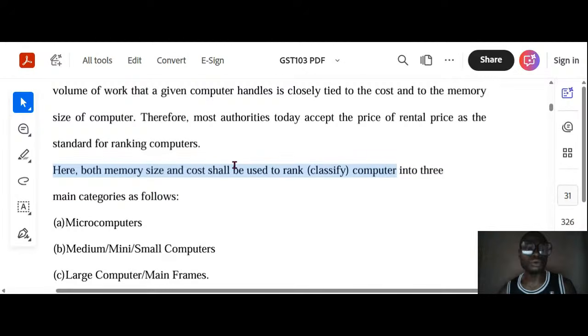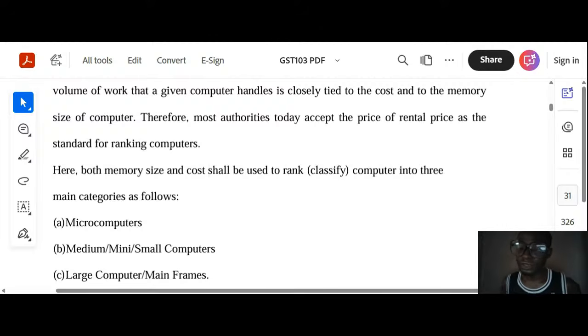I'm going to ask us a question. Since we are now saying that two things are used as yardsticks to check the size of a computer, when we put them into consideration, we are going to get three categories of computers under capacity.